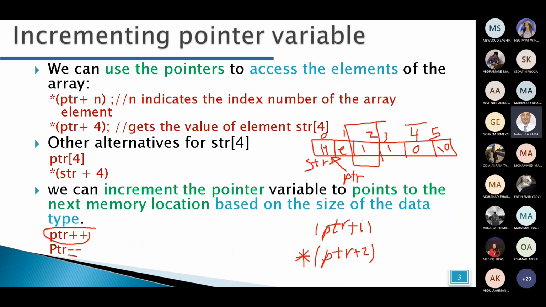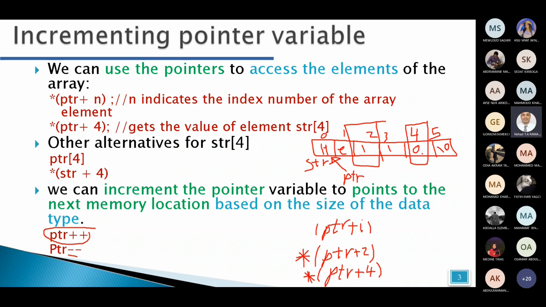I need this element. Okay, this element, what index? 4. So ptr plus 4 means move the pointer to element 4. I need the value pointed by this, so we write star.